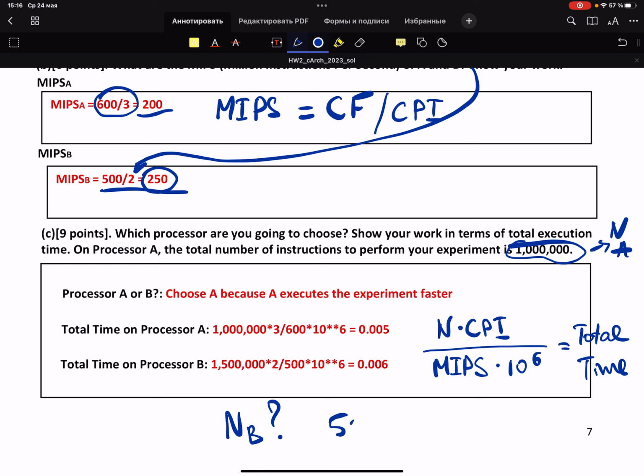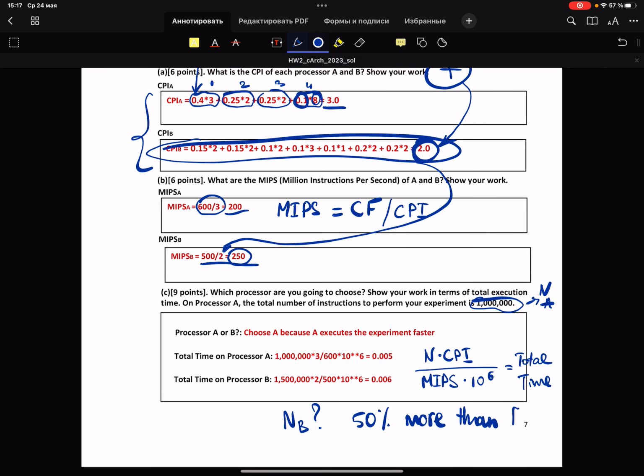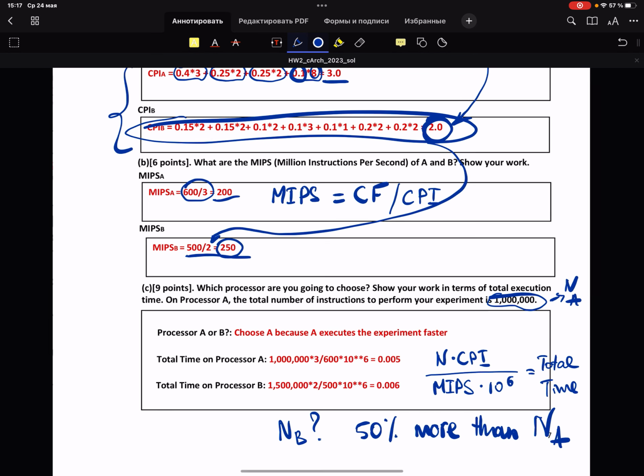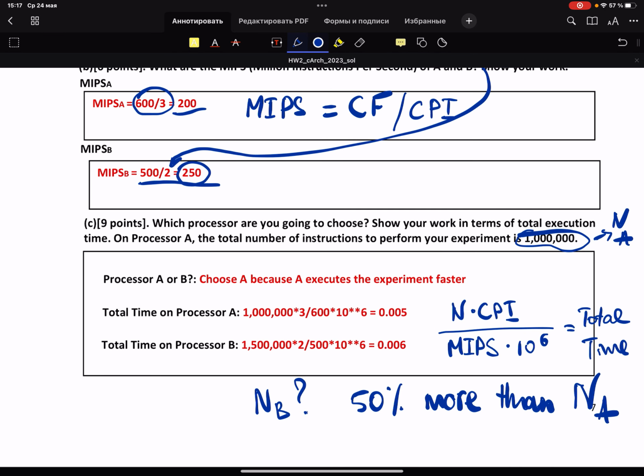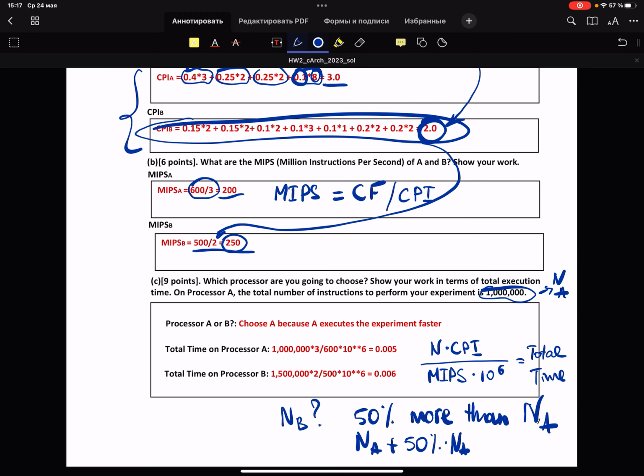This is NA. So what's going to be NB? It is 50% more than NA. NA is 1 million. What is 50% of NA, 1 million? It is 500,000. So if it's 50% more, that means you have to add to NA plus 50% of NA, which is 500,000.